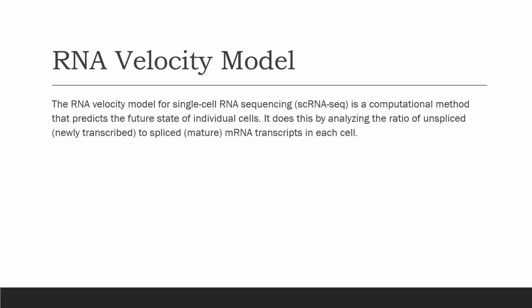So in general what happens is it breaks down. With this RNA velocity analysis, we are able to see what the future state of the individual cells can be. It is done by analyzing the ratios of unspliced and spliced mRNA transcripts in each cell that we are working on.